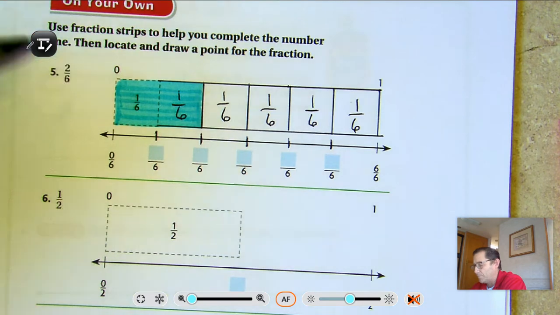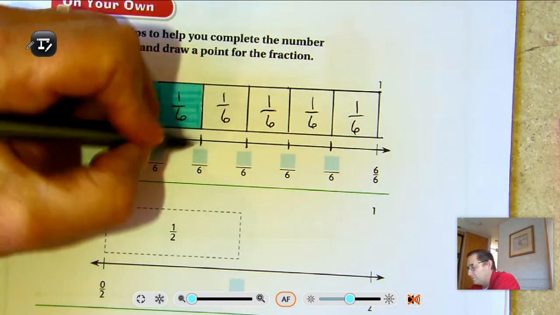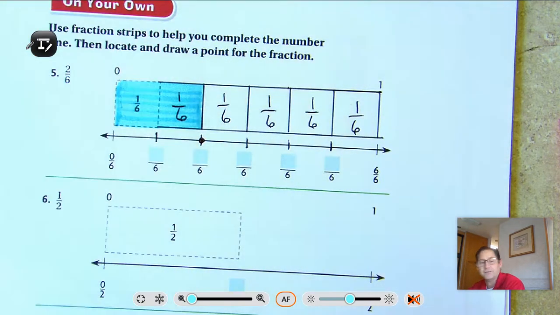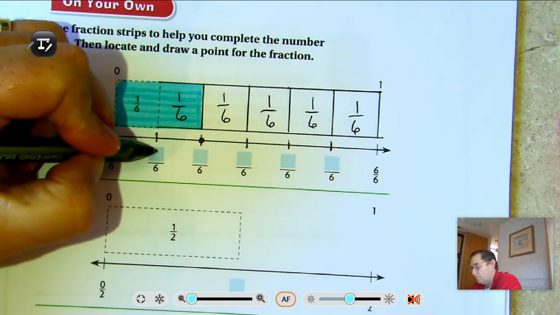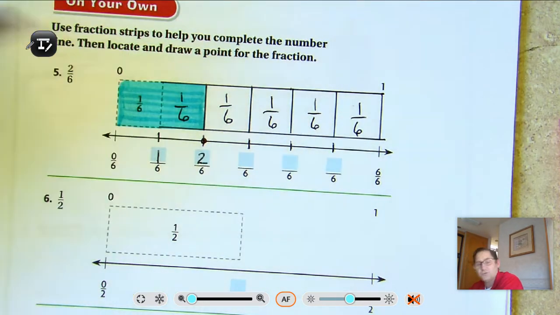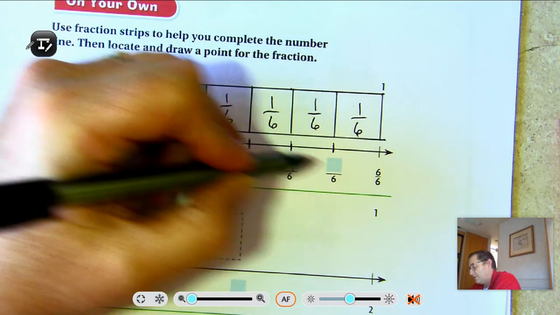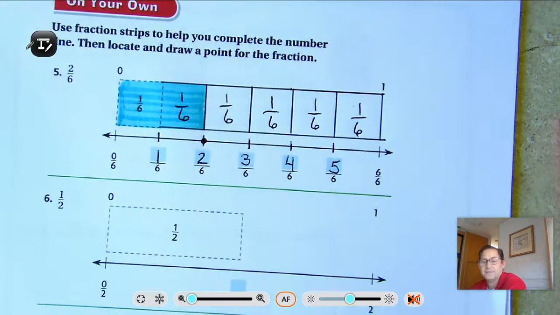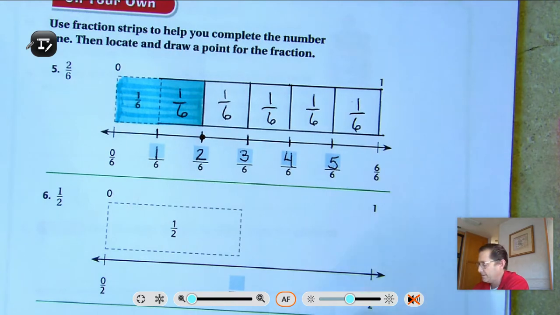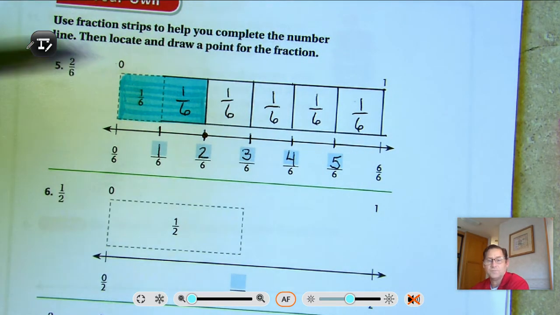All right, so locate and draw a point for the fraction 2/6. 1, 2. So it would be right here is 2/6. So that fraction is 1/6, 2/6, 3/6, 4/6, 5/6, and 6/6. Again, note that 6/6 is at 1 and 0/6 is at 0.